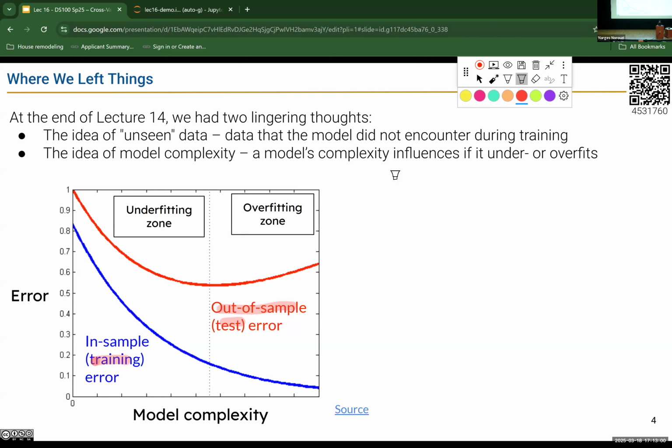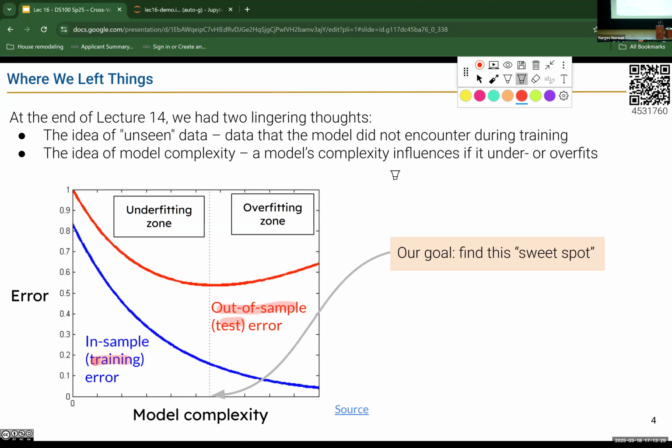So what we're going to do today is find out this sweet spot. What does it mean for us to have different kinds of errors, in sample training or out of sample, which is the test error, and how can we simulate the process so we can make sure that we're not overfitting to the training data during the process?